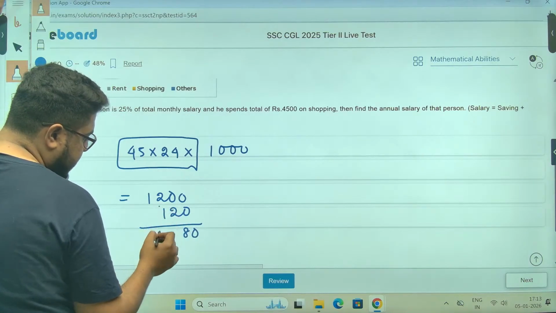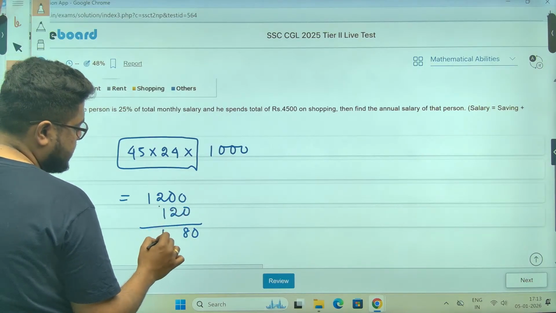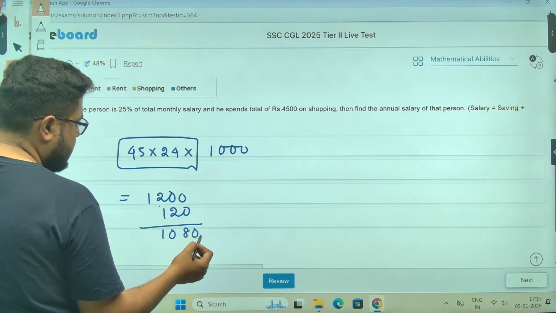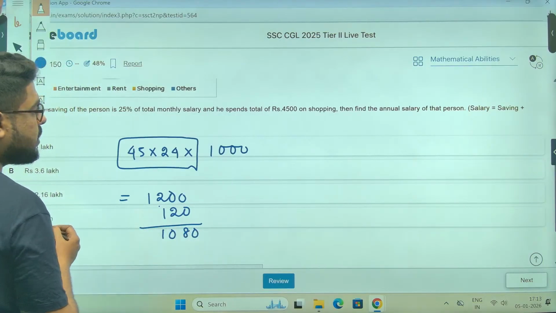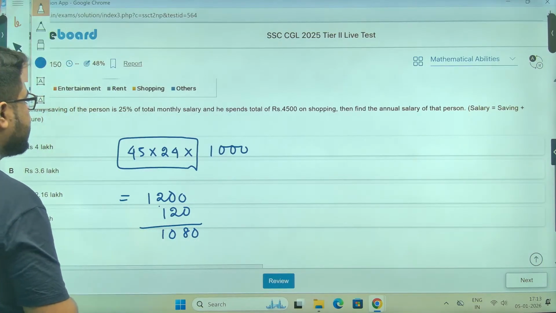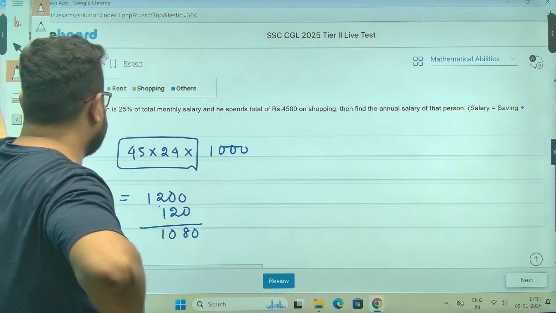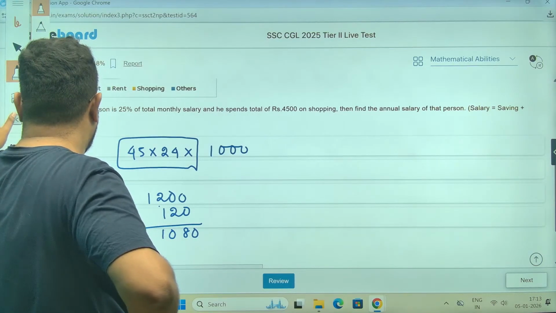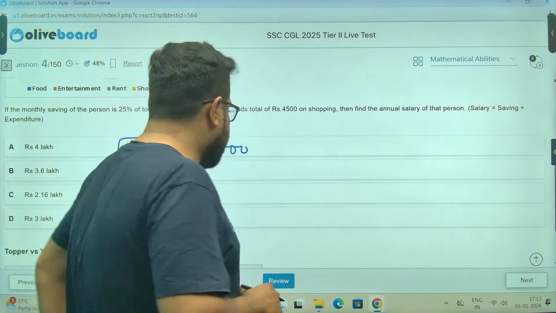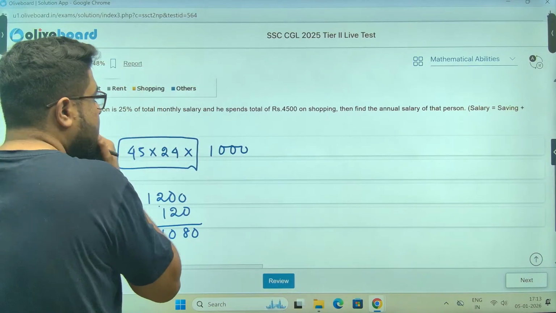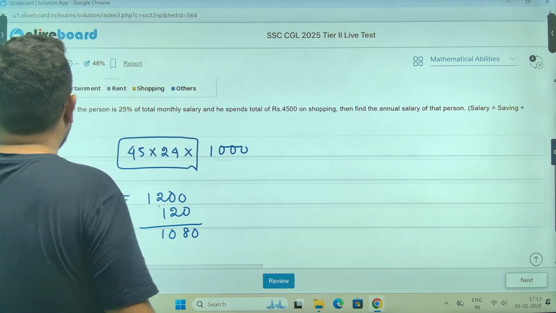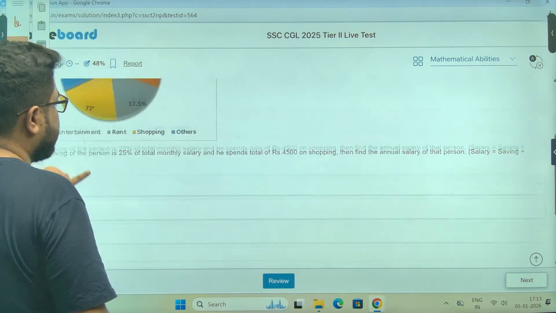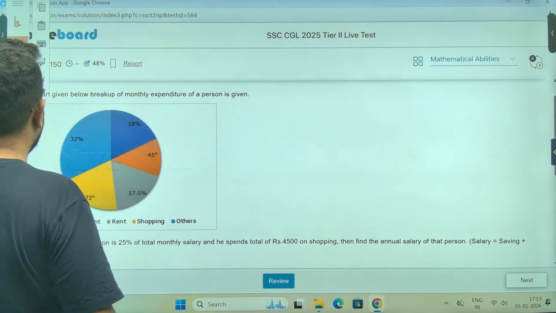This is 1080. Am I missing something? Ek second. Have I messed up something? I might have made a calculation error somewhere.